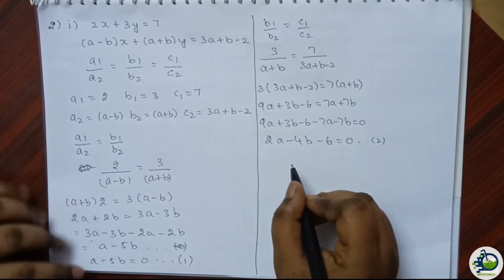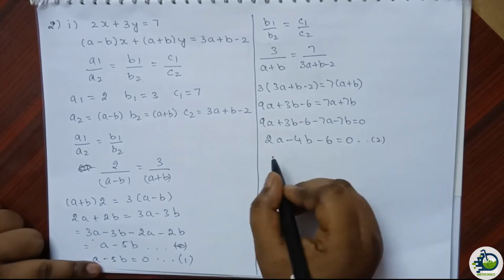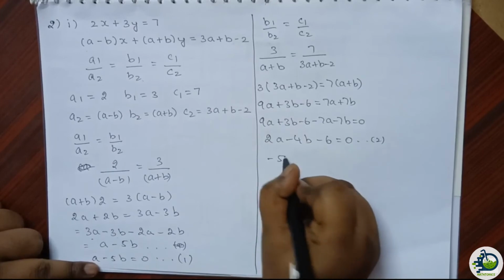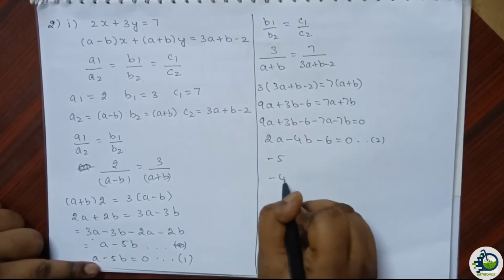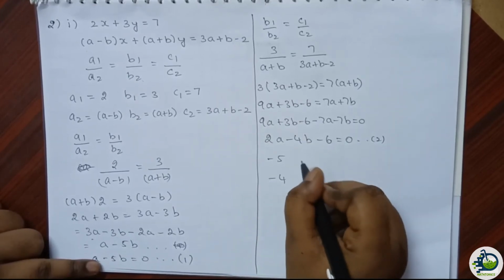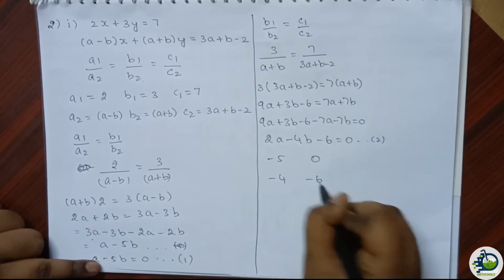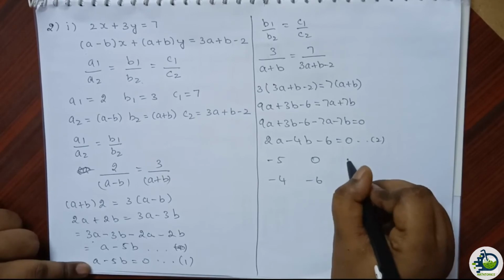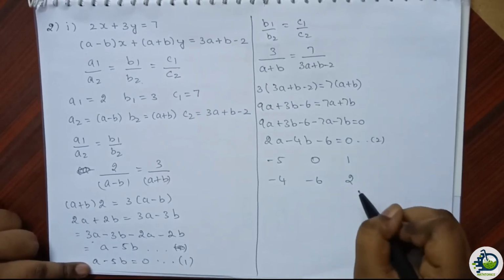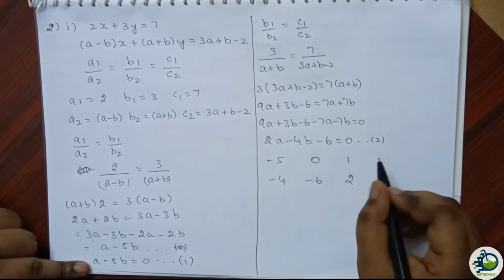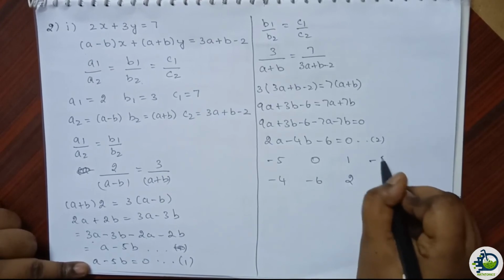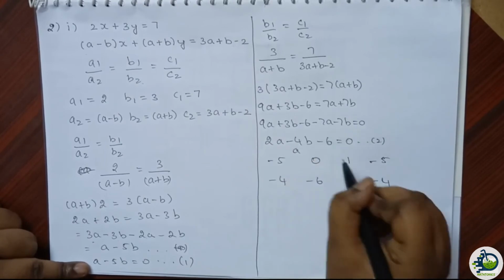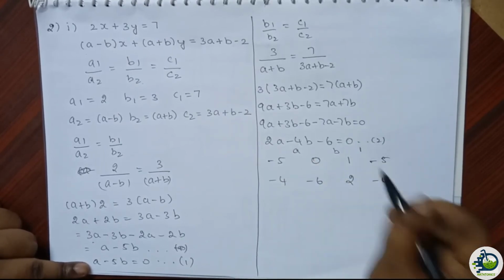What we have to do is write first the coefficients of b, so minus 5 and minus 4, and then the constants. Here it is 0 and here it is minus 6, and then the coefficient of a, so 1 and 2, and then again the coefficient of b, minus 5 and minus 4. So this is going to be our a, this is going to be our b, and this is 1.